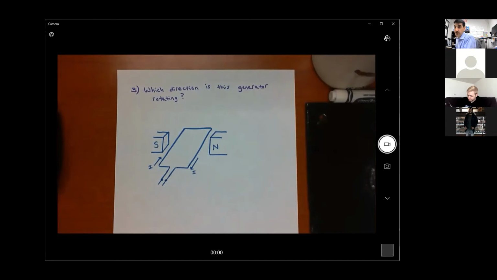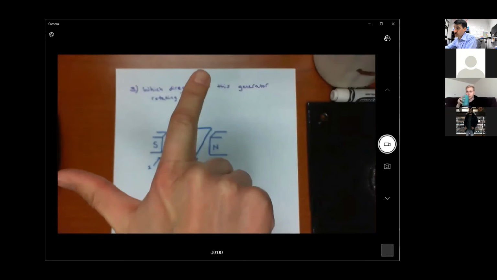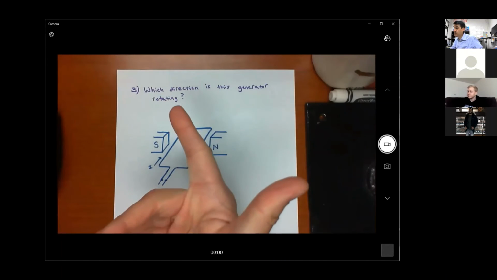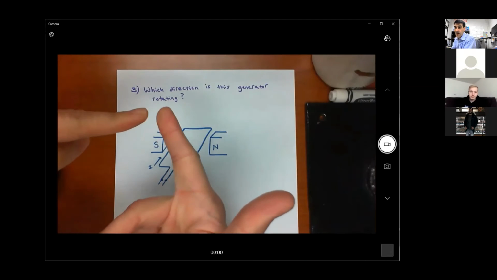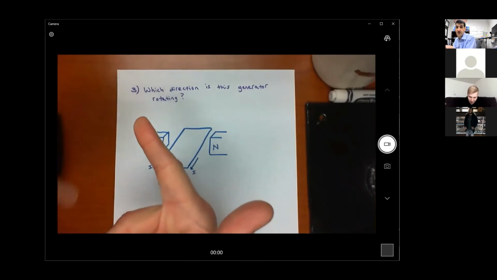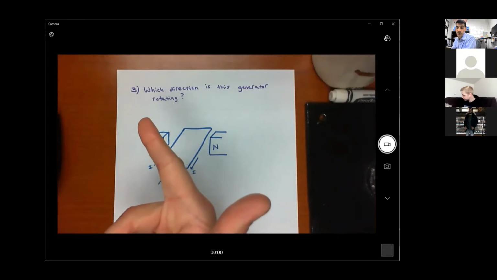So to answer this, we need to break out our other hand rule that we talked about on Monday. That is the right hand rule for generators. And you'll recall that for the right hand rule for generators, our first finger tells us the direction of the field. This is why it's so important to know that the magnetic field goes from north to south.